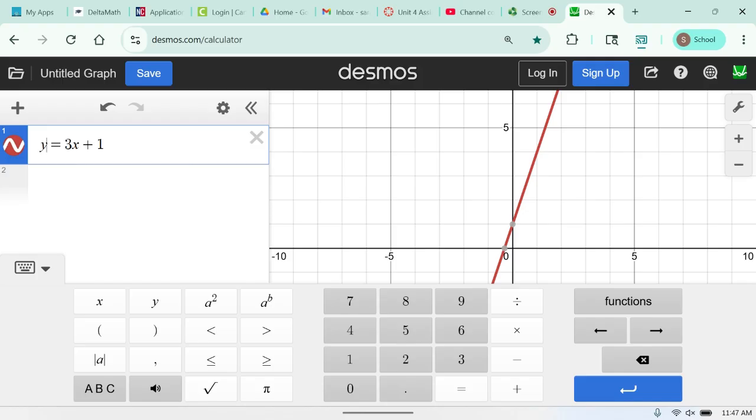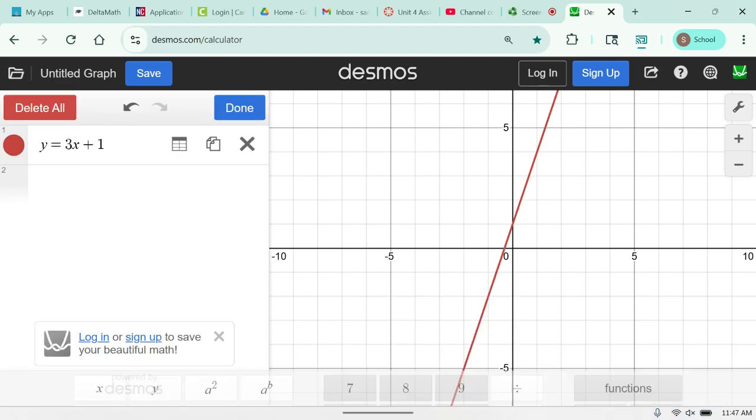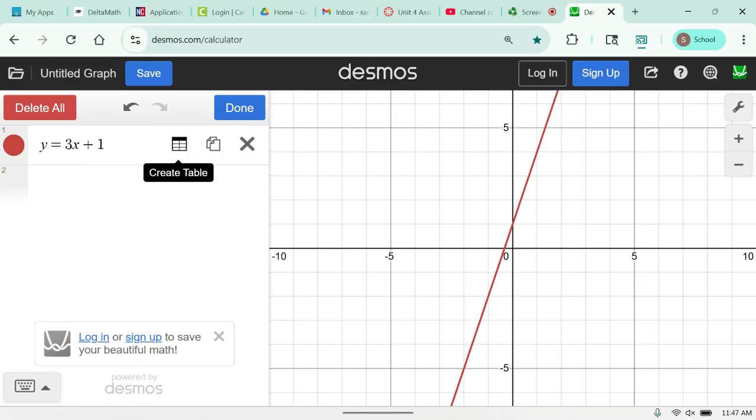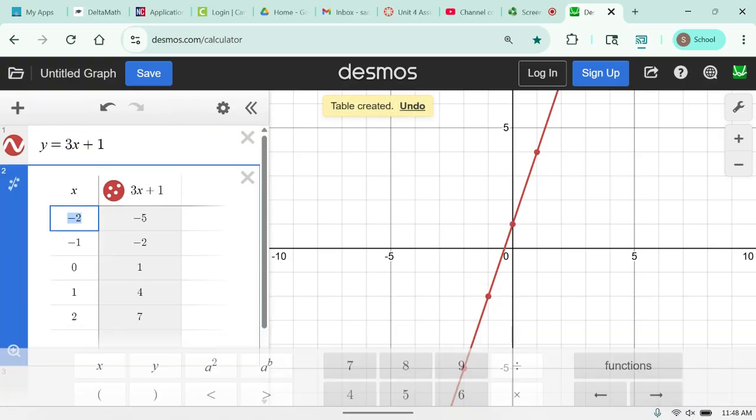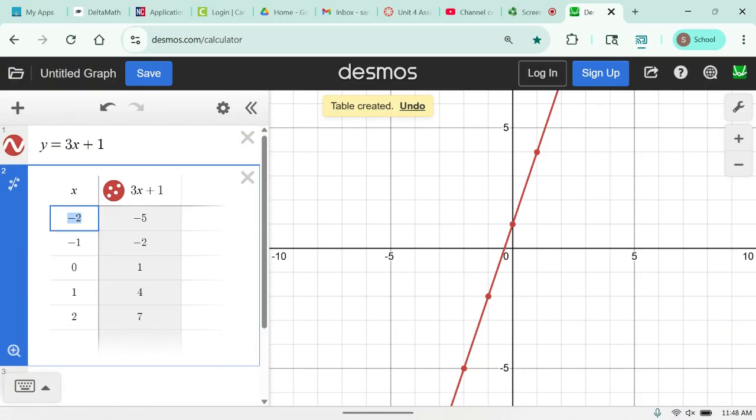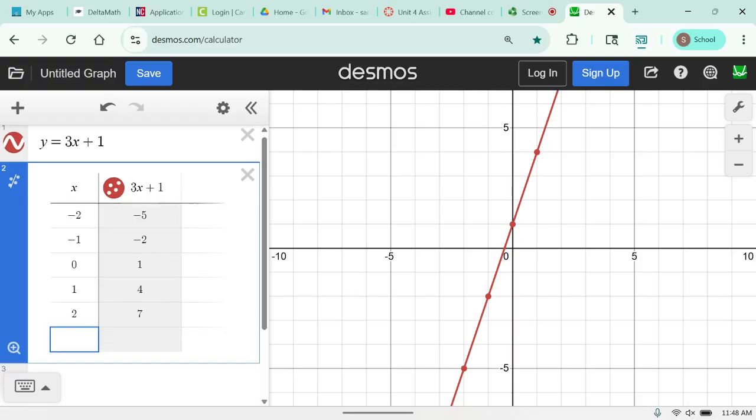You click the cog wheel, and then you see this little table picture. If you hit that, it creates a table that has all the values of 3x plus 1 in it. And you need all of the values from -5 to 5. You can type in any x value you want. So take a minute and do that for both a of x and b of x.